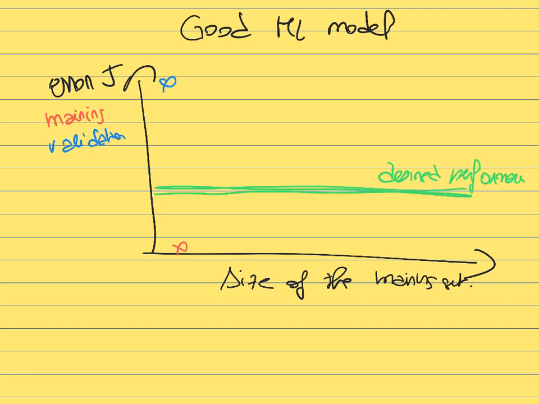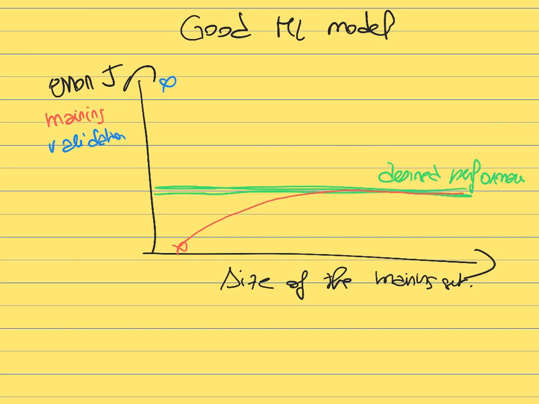Okay, and if you have a good model, then the learning curve will look like this. As you increase the size of the training set, the error for the training set is going to increase and will saturate, will plateau towards the desired performance. Remember that you don't necessarily want the error for the training set to be as low as possible, because it cannot be lower than the intrinsic accuracy of the experimental data themselves.